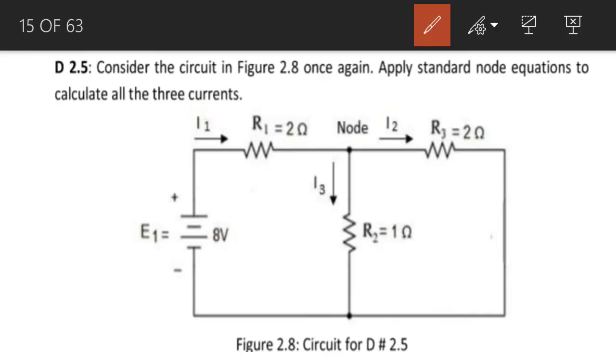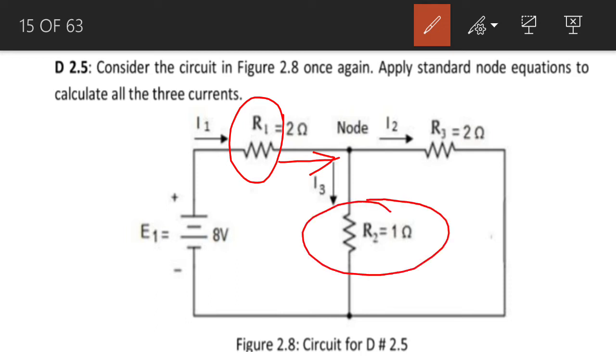You see, the resistor R1 has been connected to this node, the resistor R2 has been connected to this node, and the resistor R3 has been connected to this node. So three resistors have been connected to this node.